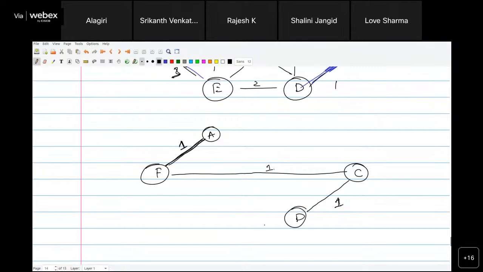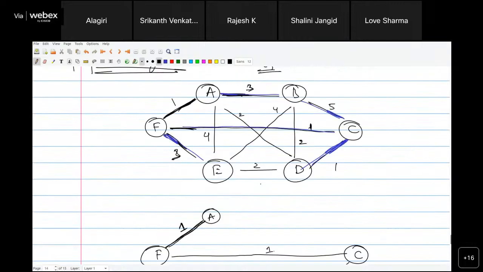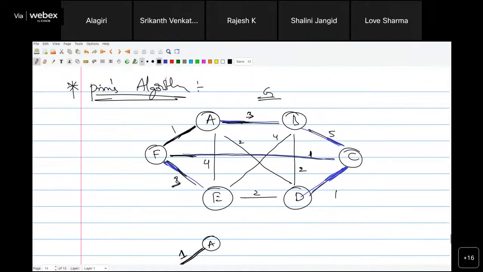So now consider these 3 edges: AF, FC, CD. So the edges which are adjacent to at least one of these edges, you have to consider all of them, and out of all the edges, whichever is having the minimum edge weight, we are going to pick it. So now, we'll use one more color.